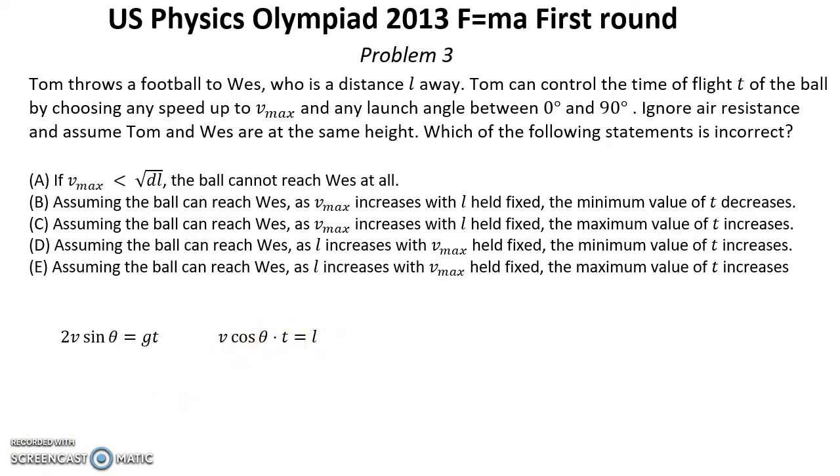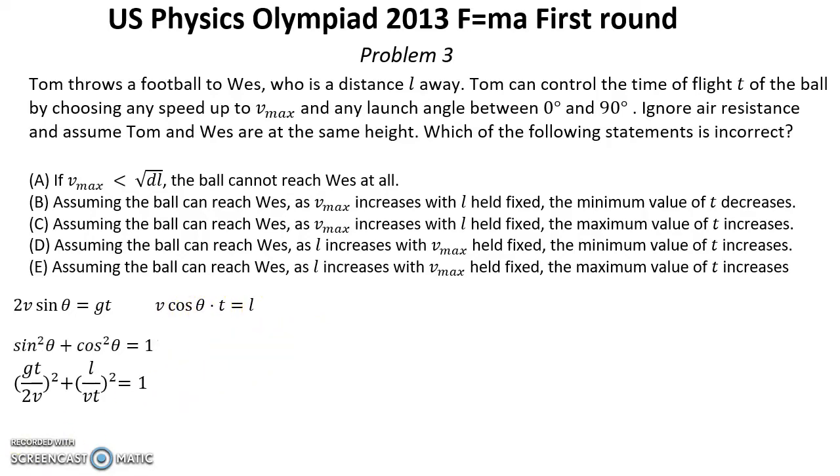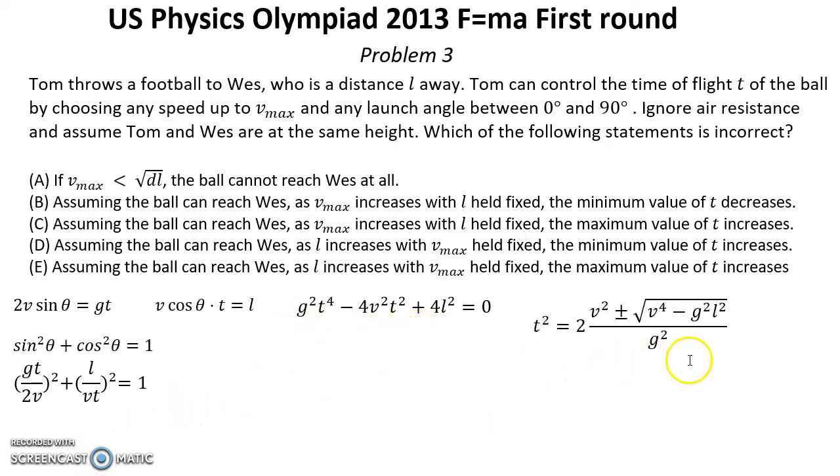And now we can use the formula sine squared theta plus cosine squared theta equals 1, which will give us this equation. And this equation we can turn into a quadratic equation in t squared. The solution for this quadratic equation will give us this expression.